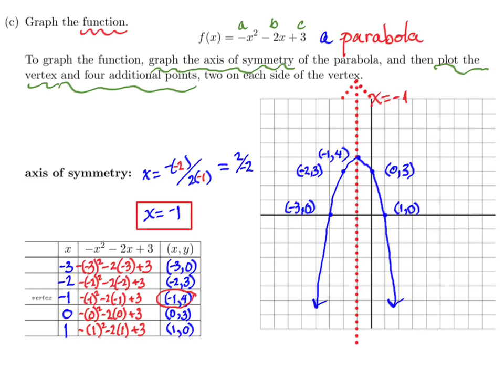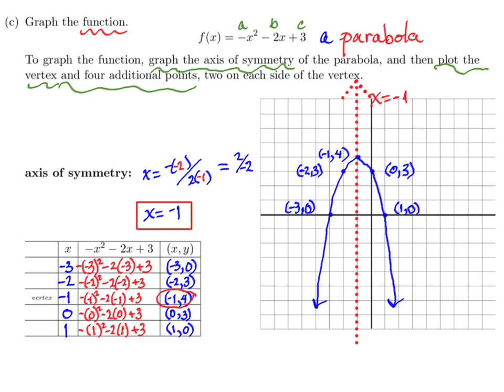So you should have noticed by now, after doing 3 problems, that your parabola will open upward when the number in front of the x² term is positive.